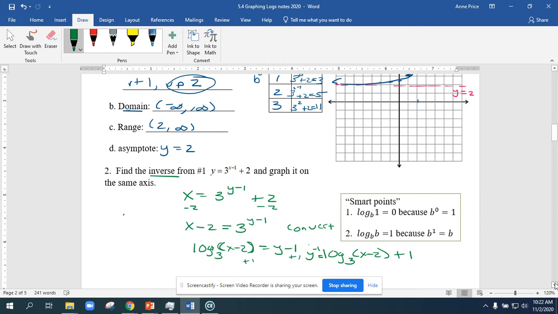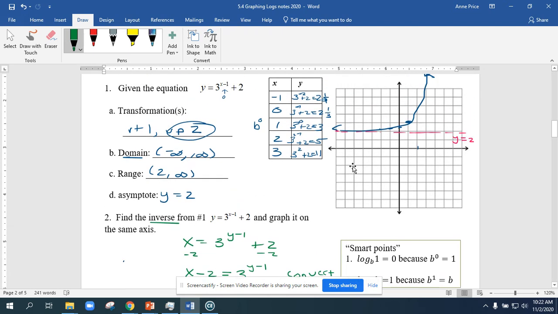And then we're going to go ahead and graph it and state the domain and range, which are going to flip-flop. Alrighty, so the y inverse equals log base 3 of (x minus 2) plus 1. So we're going to shift up 1. We could take all the ordered pairs and switch them.